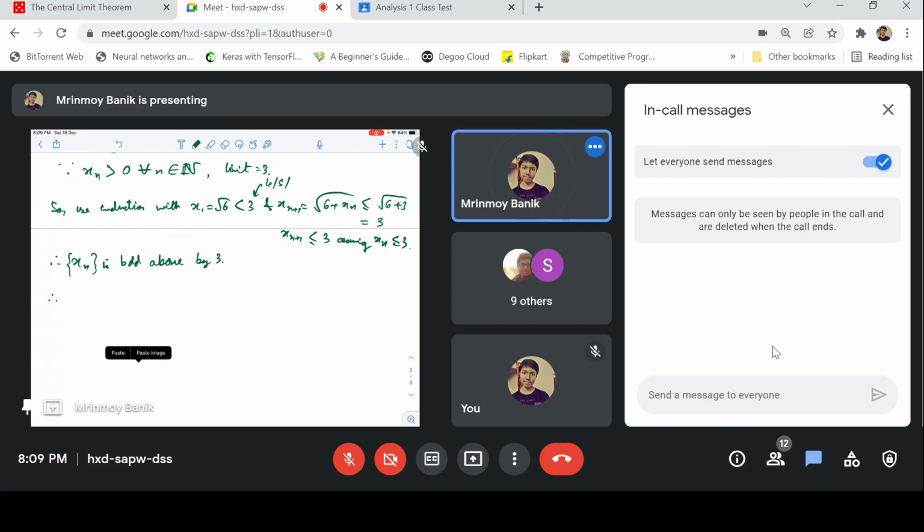And for monotone, so what do we have here? What is x_{n+1}? It's square root of 6 plus x_n, right? So we have to find the inequality between x_n and square root of 6 plus x_n.